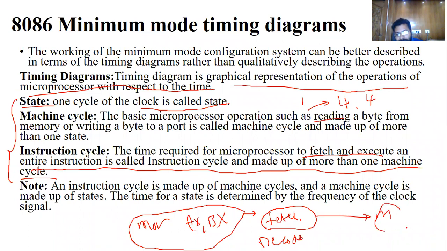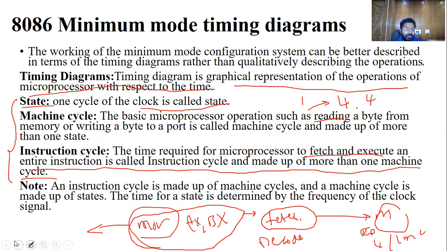For fetching, the microprocessor performs the read operation. It requires four states, one machine cycle. Then how to execute this instruction? By executing it, the microprocessor generates another machine cycle. All these are based on the instruction cycle.